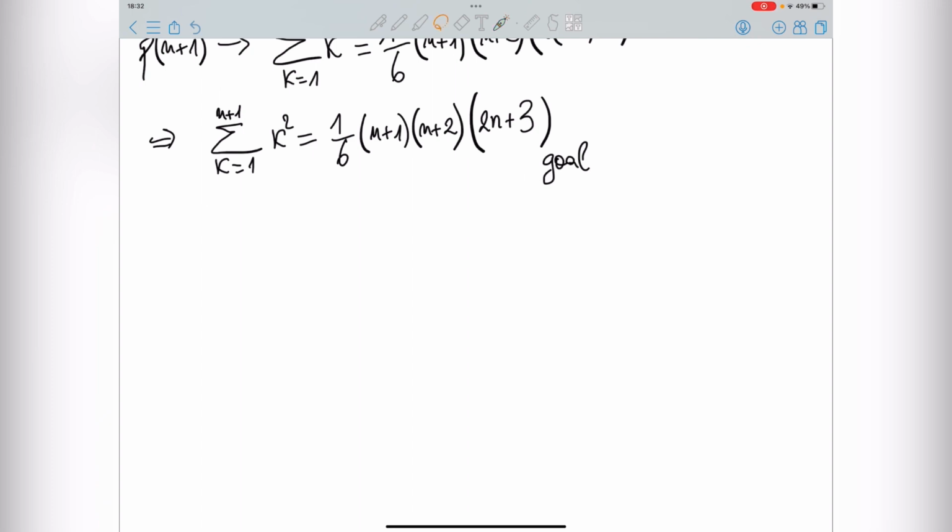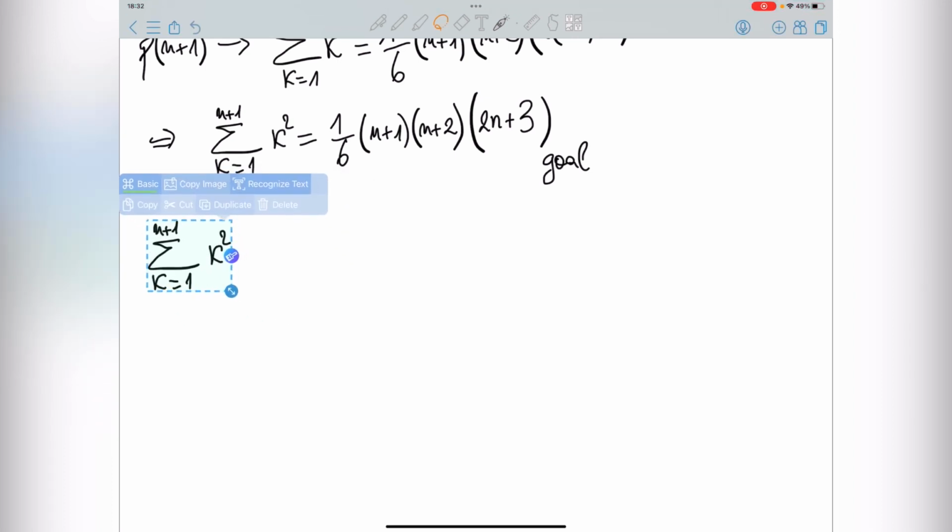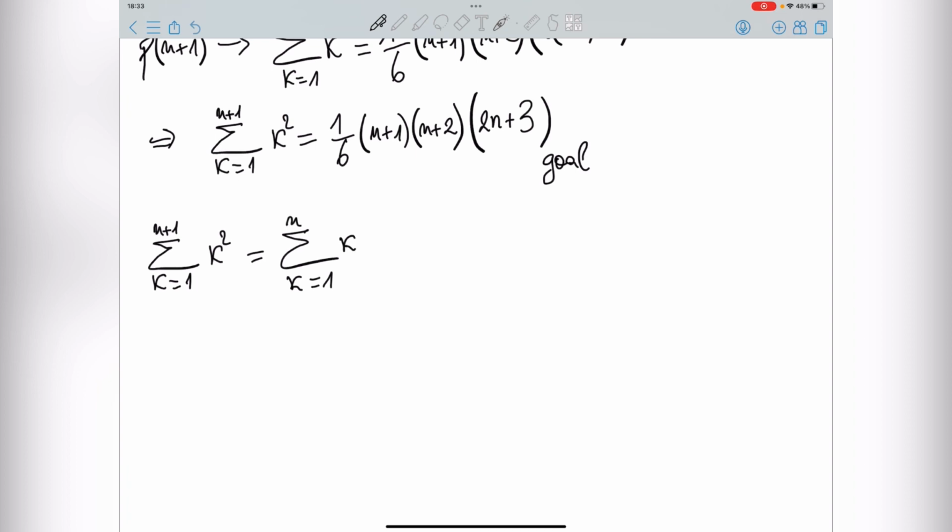So we're going to start with the left hand side. We can copy and paste it here. So this is our left hand side. We're going to split the sum, starting from 1 to n, and then we add the sum from the successor of n till the last one.